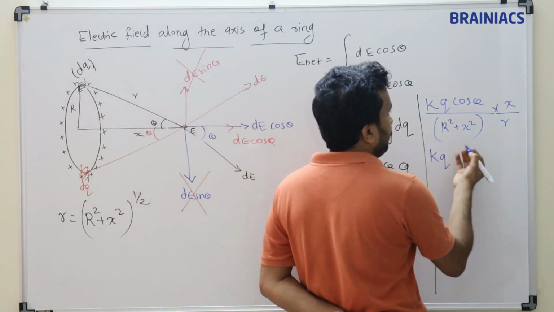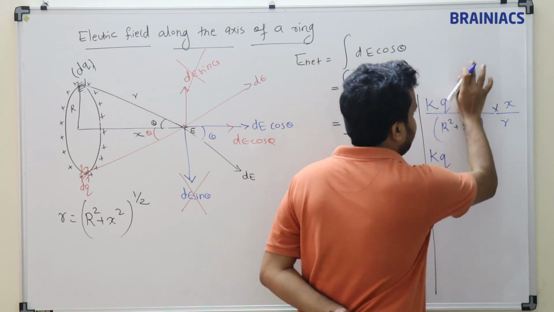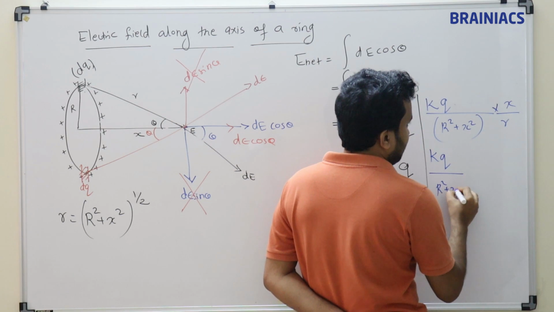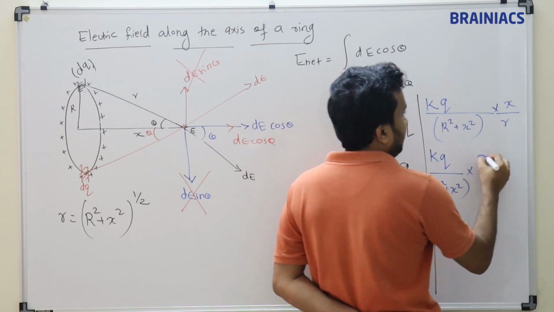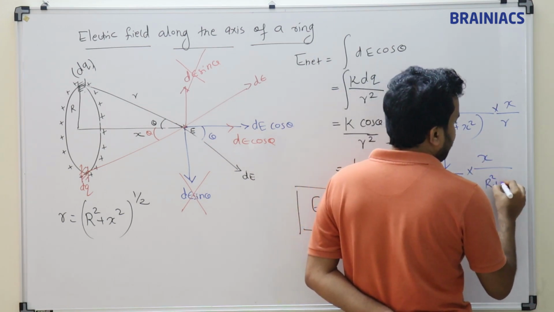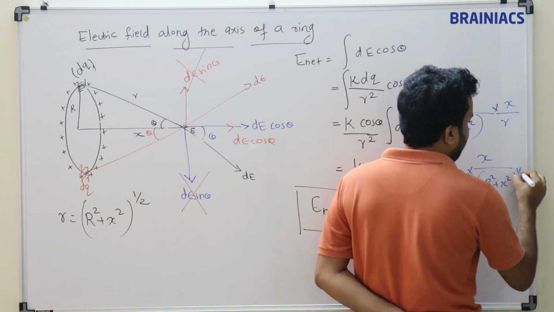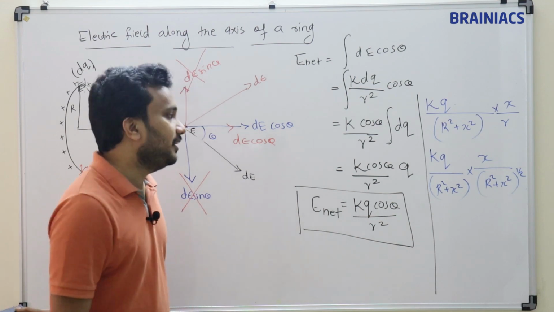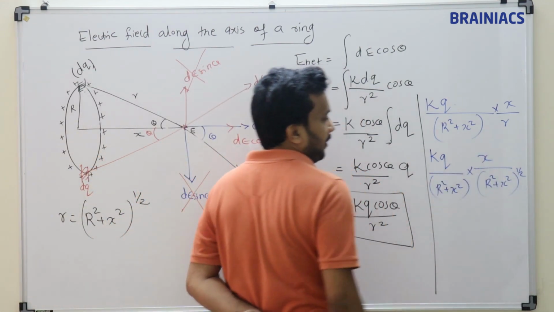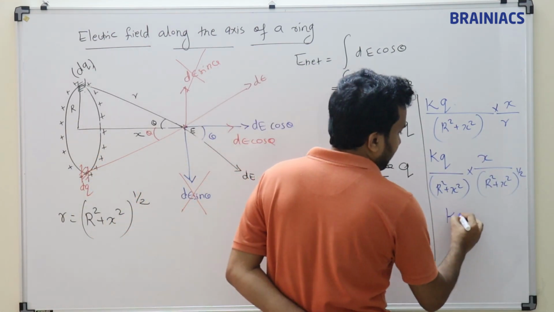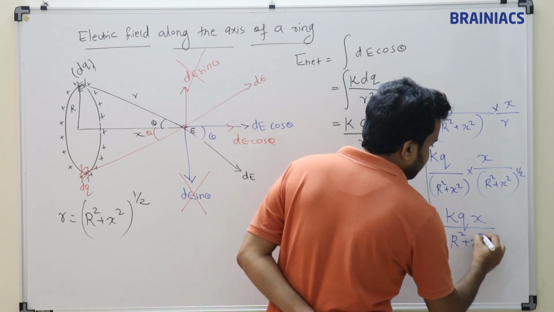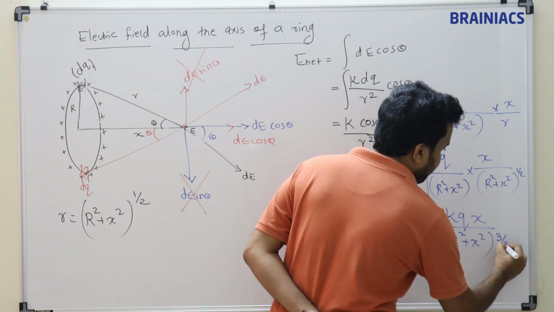So KQ into, now instead of cos theta, we substitute X divided by R square plus X square whole power 1 by 2. Here it is power 1, here it is 1 by 2. So what is the total value? KQX whole divided by R square plus X square whole power 3 by 2.